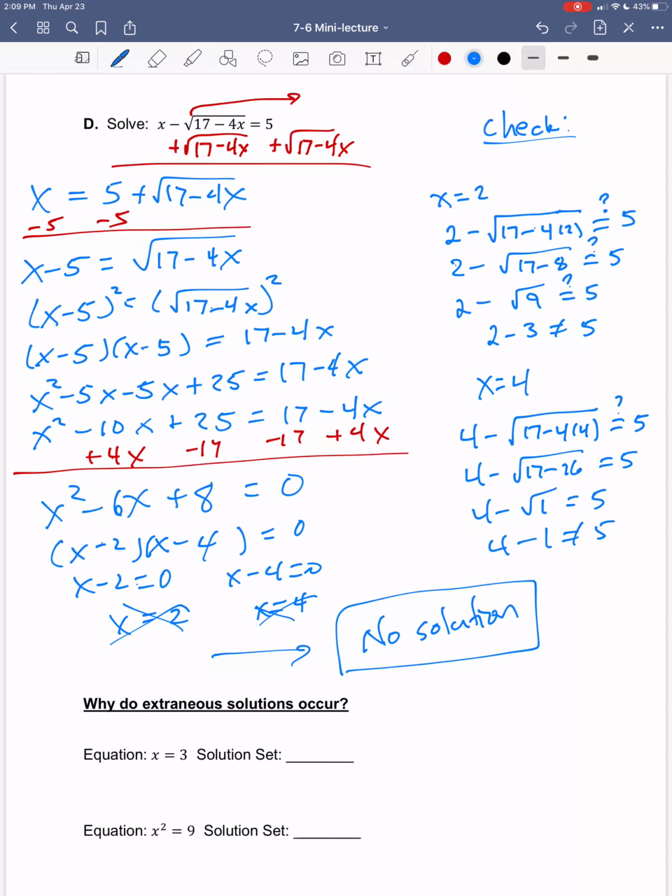If I have the equation x equals 3 and I talk about the solution set, what I'm saying is what numbers could I put in for x to make this equation true? What could I substitute for x? We don't even really think of this, but my solution set would just contain the number 3.